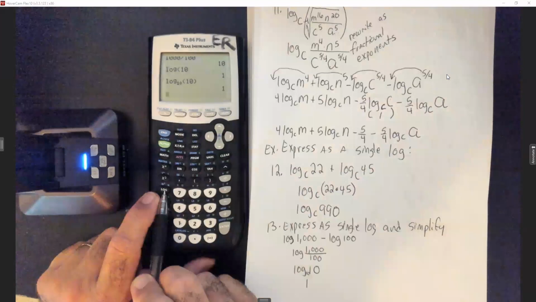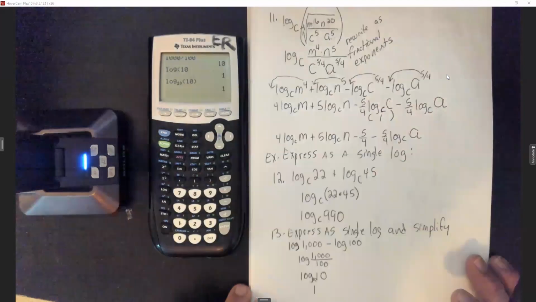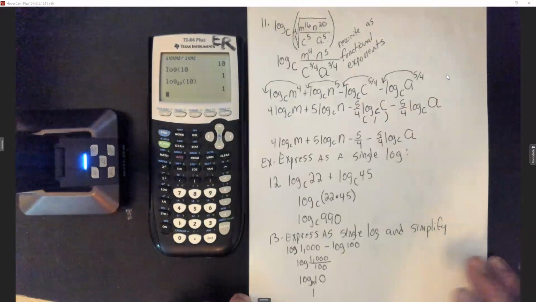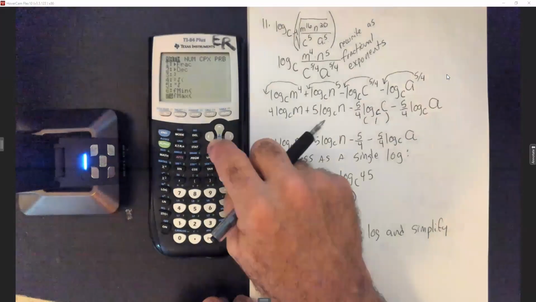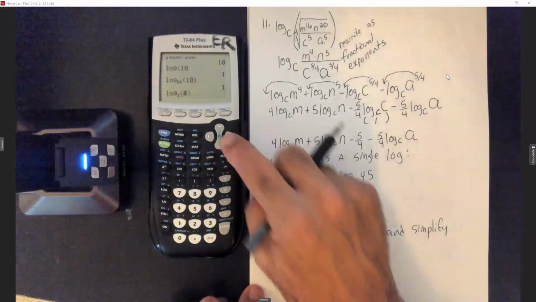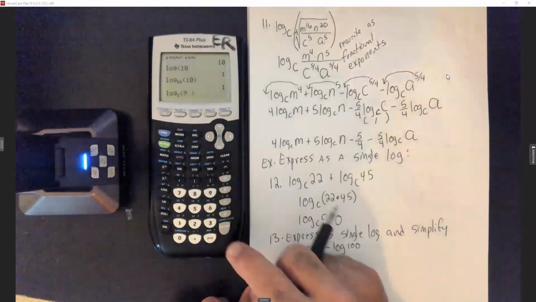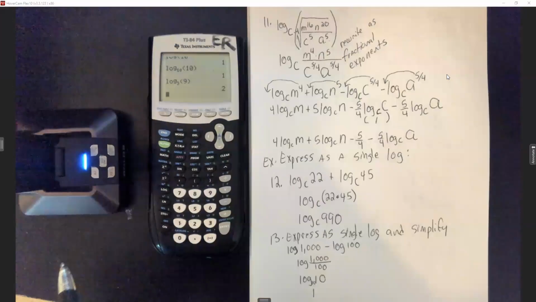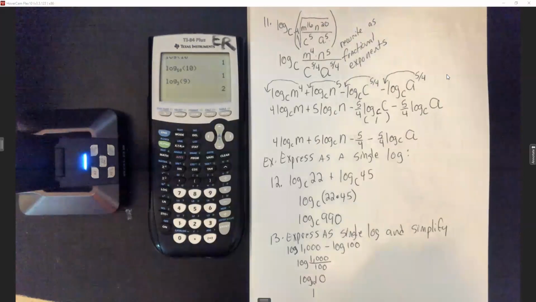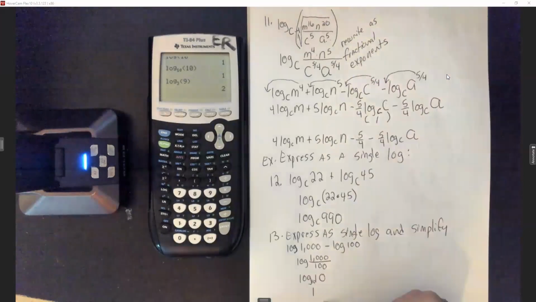LN does the natural logs, base E. Any other log, you got to hit math and go down to the log base, okay? Then you can put in numbers like 3 and 9. And when you hit enter, you should get a 2, right? Remember, this finds the exponents that you raise the base to get those results. All righty, but that's what they meant by simplifying, go all the way till you couldn't go no more on that, okay?